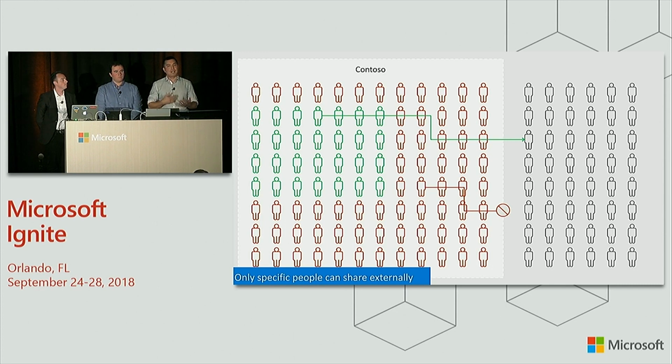Or if you have some kind of training procedure or any kind of approval process that has to happen, you can manage that through a simple security group and say only people in the security group are allowed to share outside of your organization. And of course, you can completely turn off external sharing if that is not something that your org ever has to do. It's pretty rare that people do this, but I just want to, for completeness, show you that that's possible.